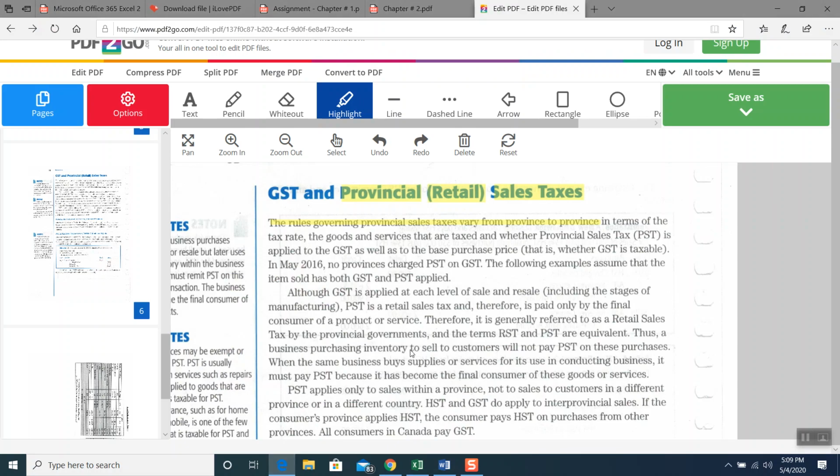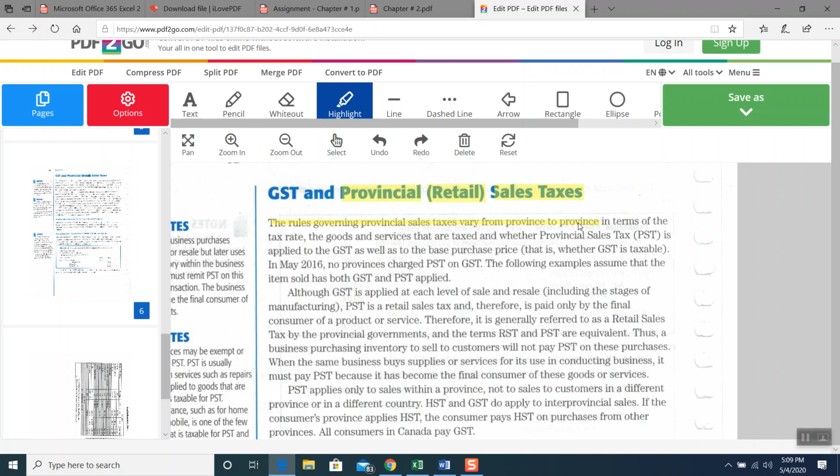Now, Karan asks me, sir, do we have to remember or memorize all the tax ratios in different provinces? Because it says in here, provincial sales tax vary from province to province. So we have to memorize 13 different types of sales percentages for different provinces? The answer is no. You don't have to memorize it.